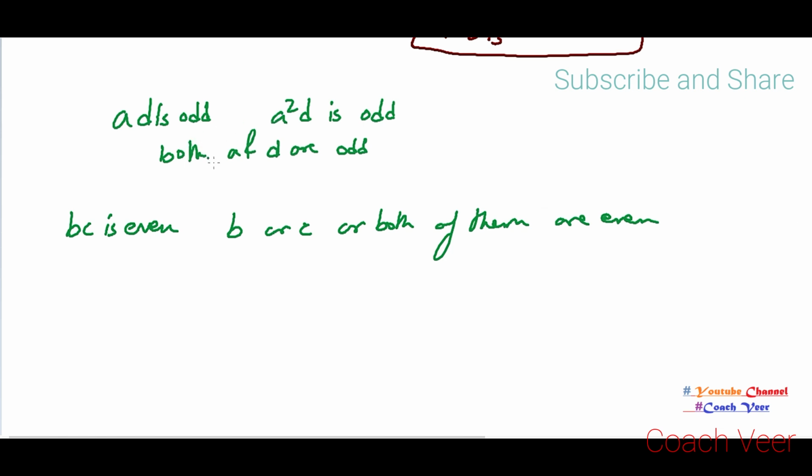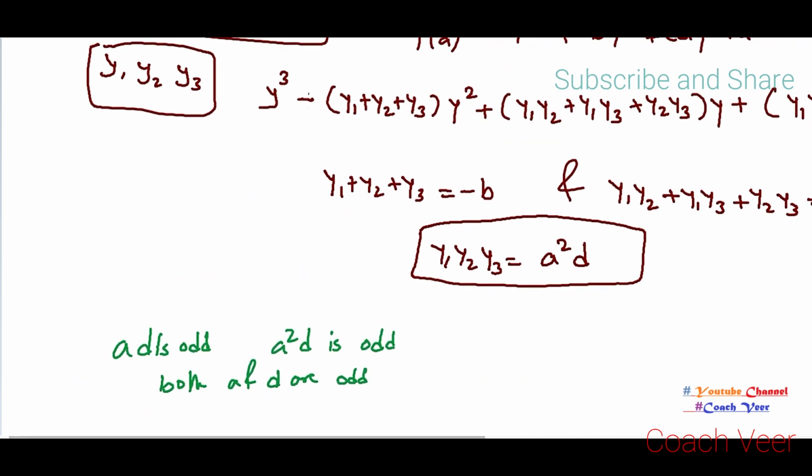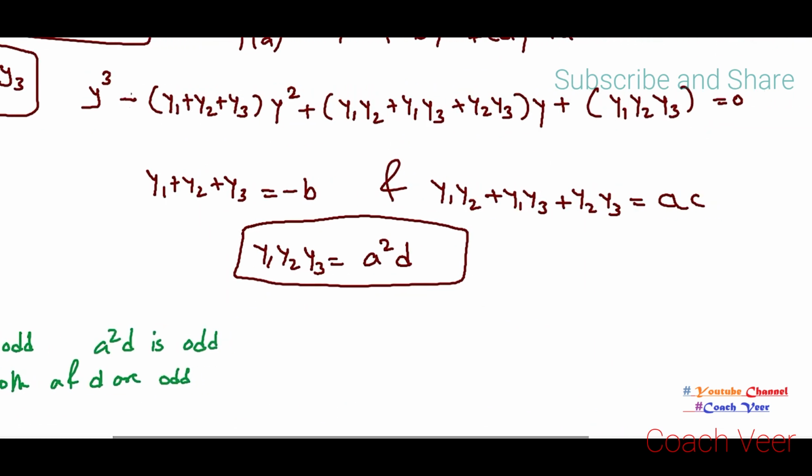But if you have a product as odd, then both must be odd, like 7 into 3, 7 into 5. Okay, let's proceed further. So from this situation you can see that this thing is odd and y1 y2 y3 must be odd.